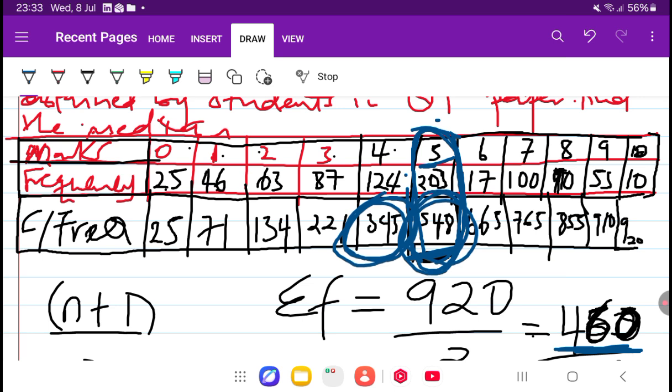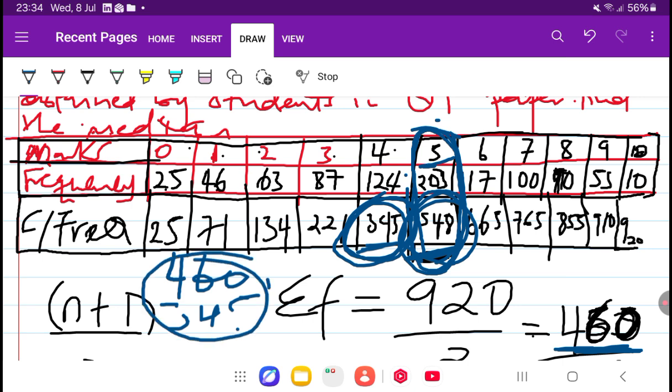We can't pick the value that is less, because once you pick a value that is less, it means you have excluded some of the values. Because if you see the difference between 400 and 460 and this smaller one, which is 345, you are seeing that really the difference is so much.